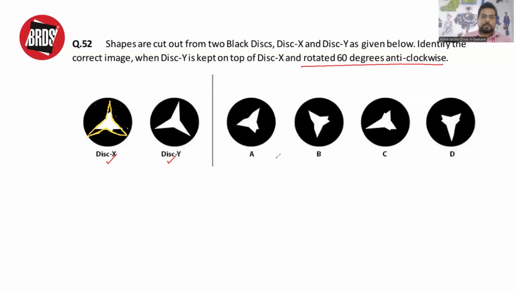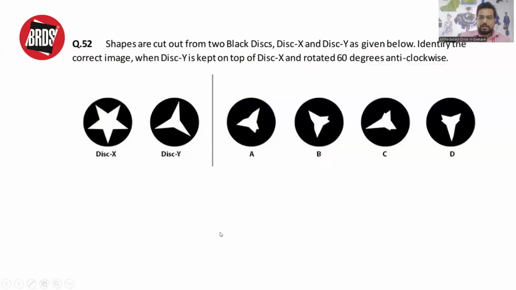And when you rotate it by this much of the angle, like if you look closely over here, this particular area I can see over here, but as I have to rotate it 60-degree anti-clockwise, the answer would become option B. The correct answer for the question would become option B, because you have to rotate it also.